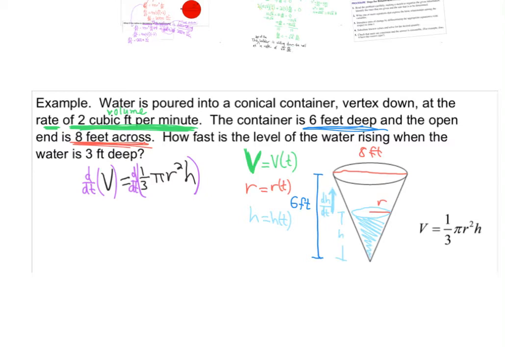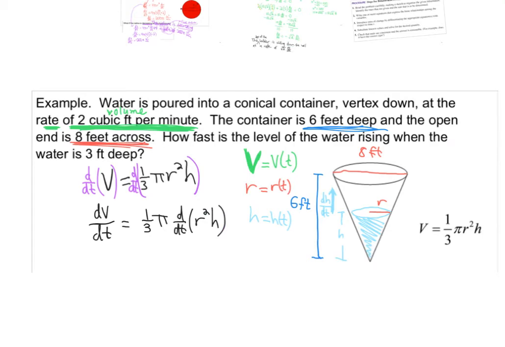All right. Back to taking the derivative of both sides. We have now dV/dt on the left-hand side. We have 1/3 pi on the right-hand side. I'm going to just leave that alone, because those are constants, and then I will write d/dt of r squared h.